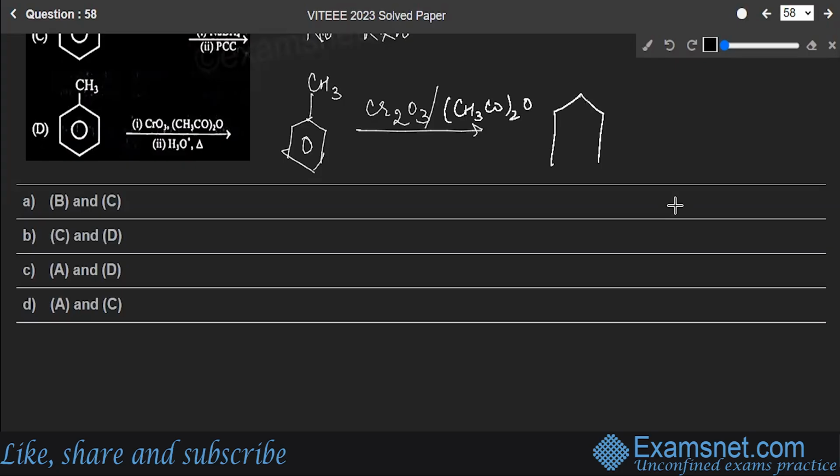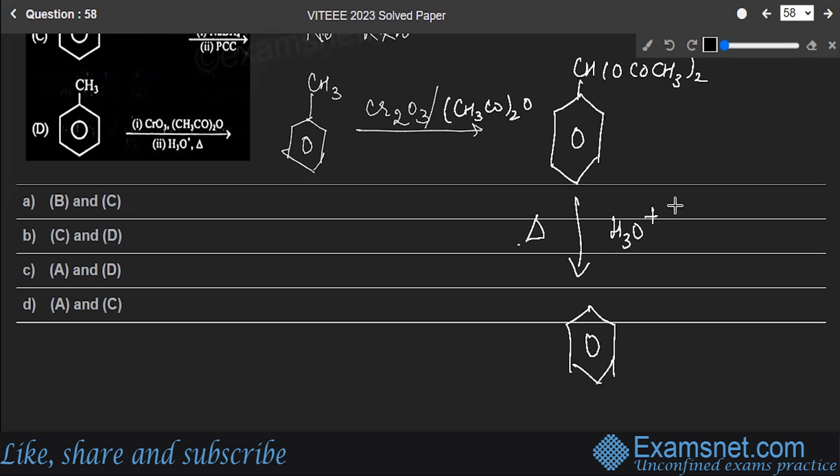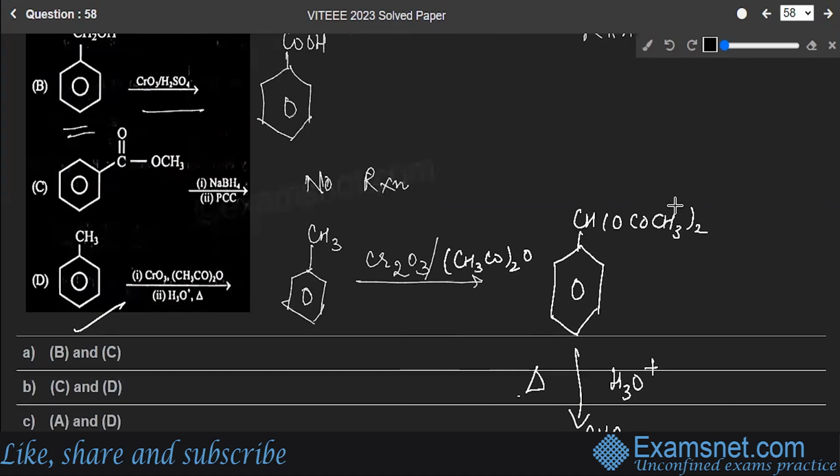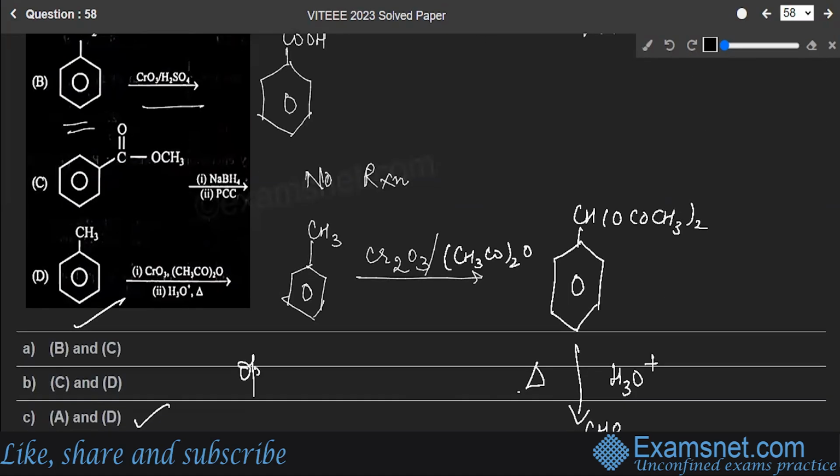Here you have the benzene ring. This is CH(OCOCH3)2. In the presence of hydronium ions, heated, it will give me benzaldehyde. So the last one, D reaction, also gives me benzaldehyde. That makes C option the correct answer.